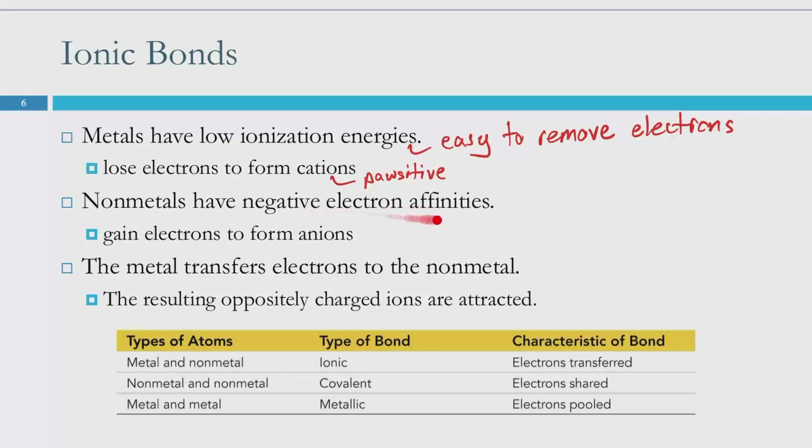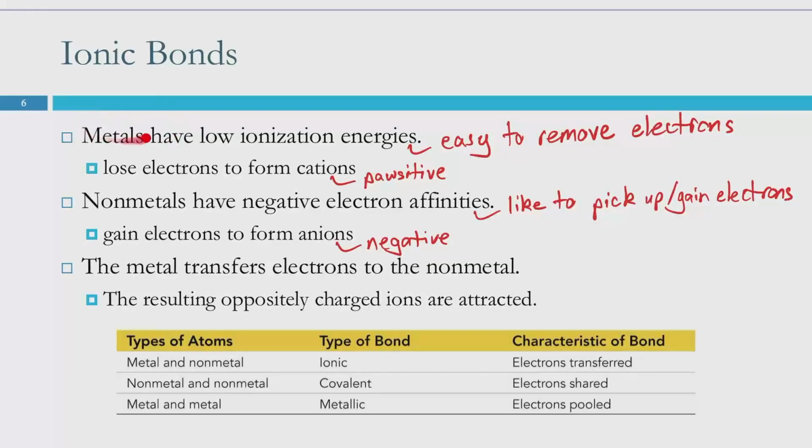Nonmetals, on the other hand, have negative electron affinities and high ionization energies, and they like to pick up or gain electrons. They form anions when they pick up electrons.